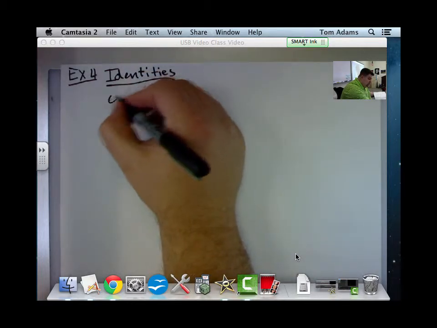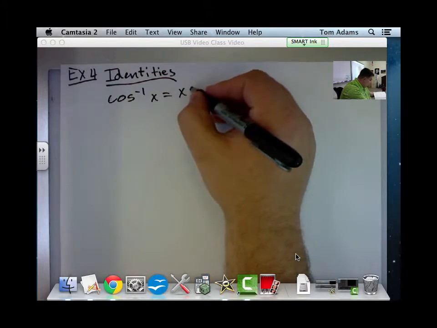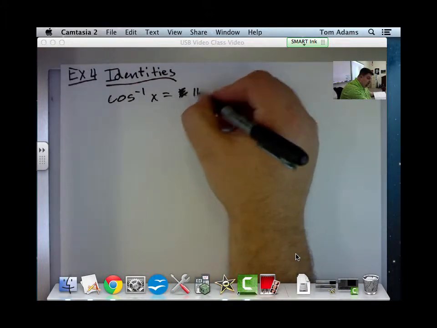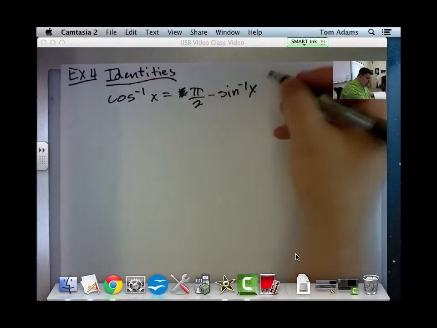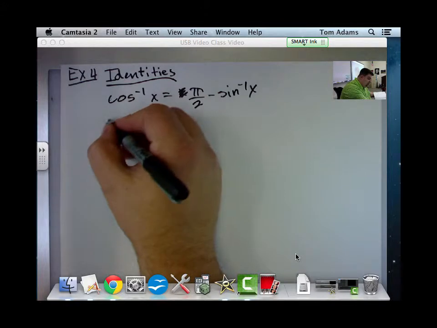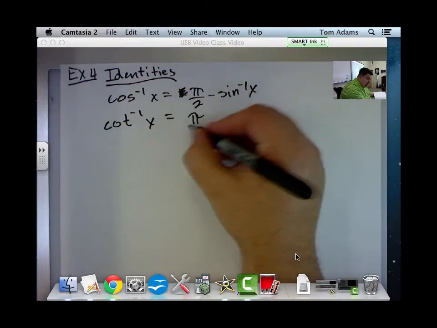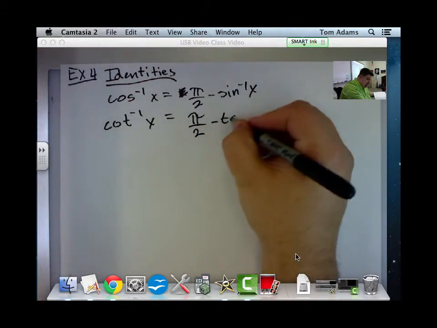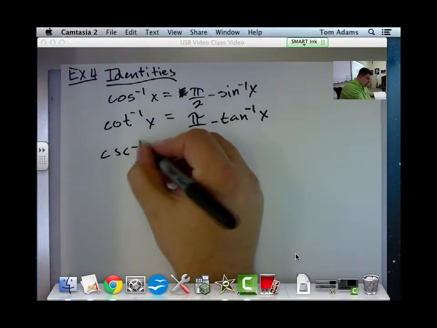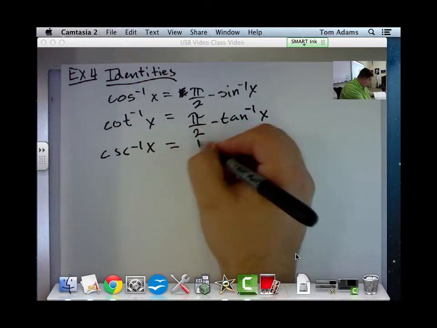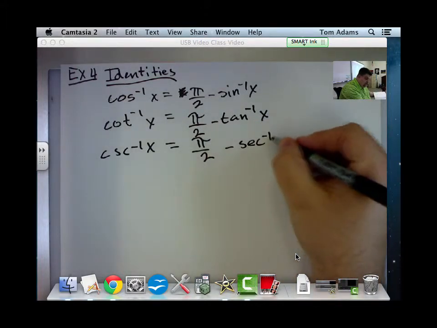So we have arc cosine of x, and its cofunction identity, which is pi over 2 minus sine inverse of x, and then cotangent inverse of x is the same as pi over 2 minus arctan of x, and then we have cosecant inverse of x is equal to pi over 2 minus arcsecant of x.